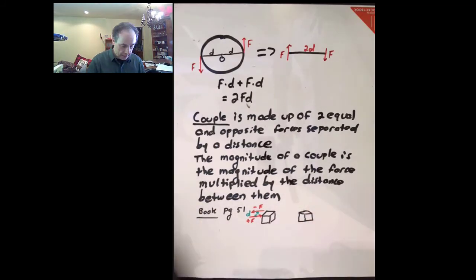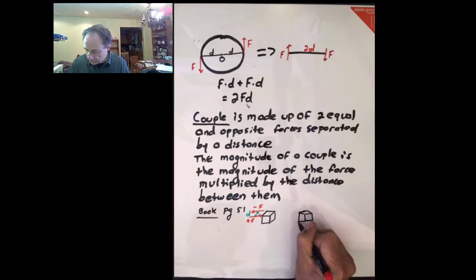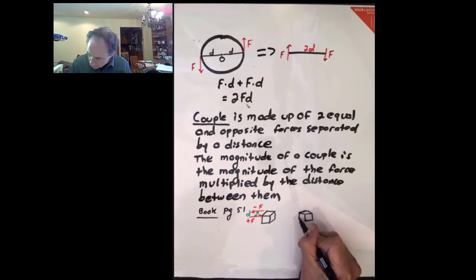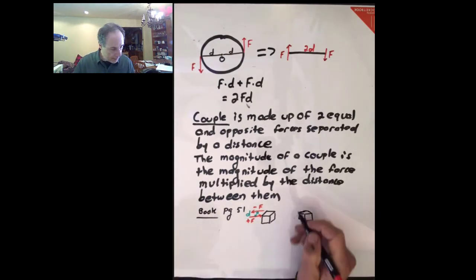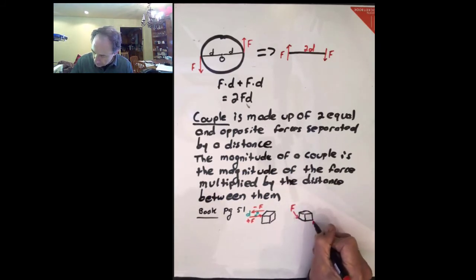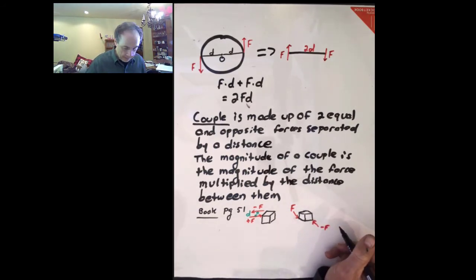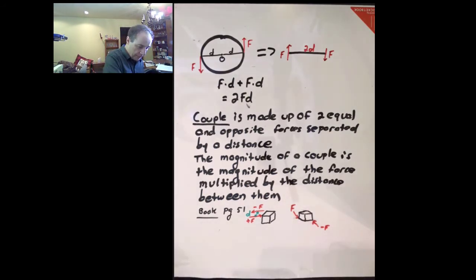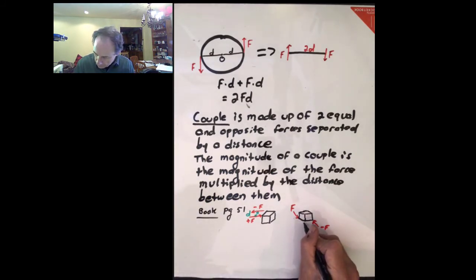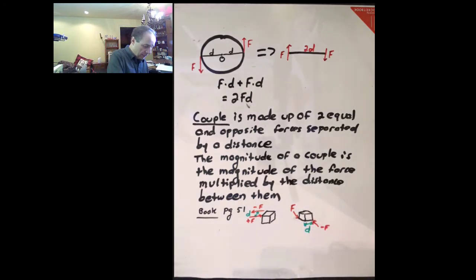So if we apply F here, minus F here, and the distance between them is D, and there's several possibilities with this. They're all equivalent.